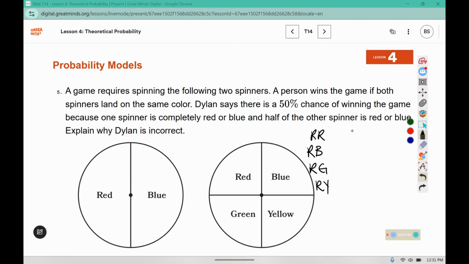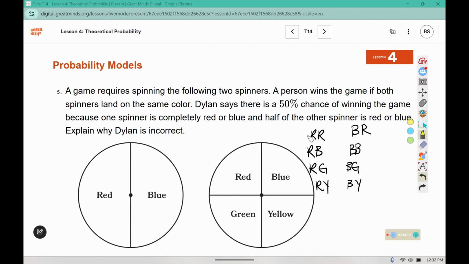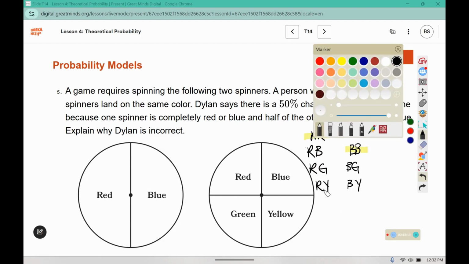We could also land on blue, then red, blue, then blue, blue, then green, and blue, then yellow. So for them to land on the same color, that occurred 2 times out of the 8 possible options.